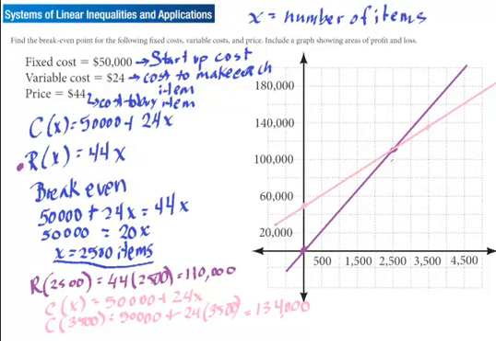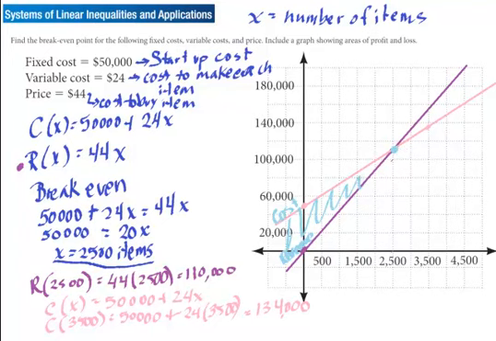Okay, so now what we have is, this pink one is my cost. This is revenue. Oh, look how it crossed right there at 2,500.